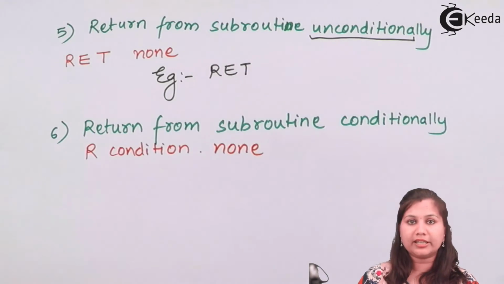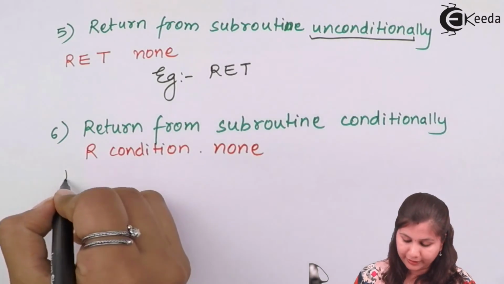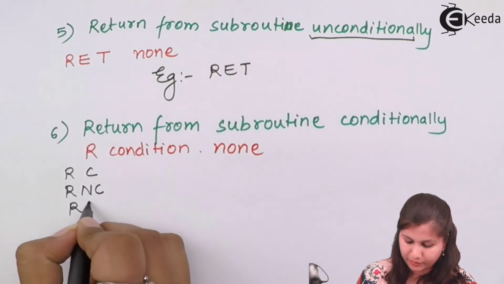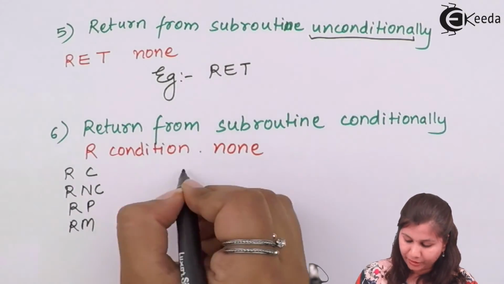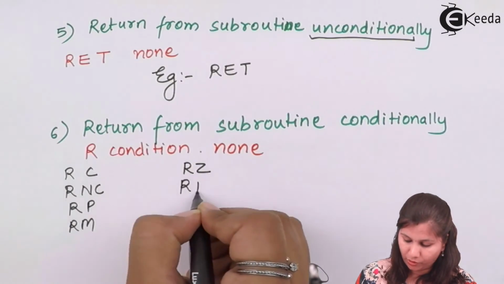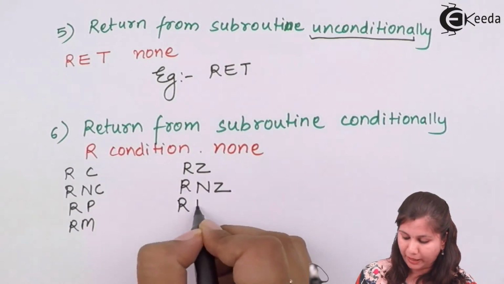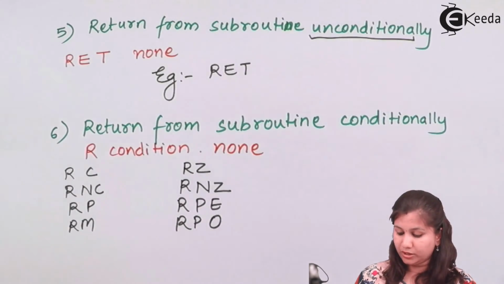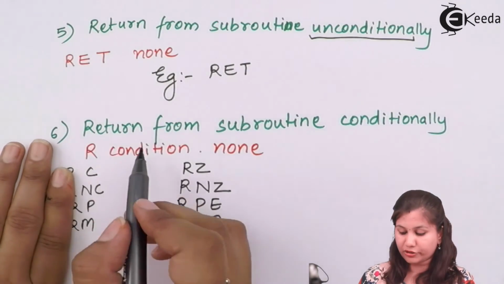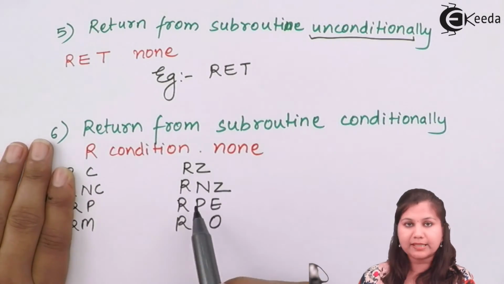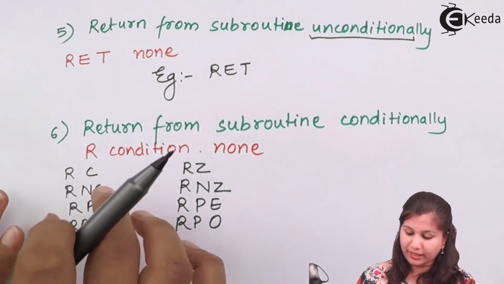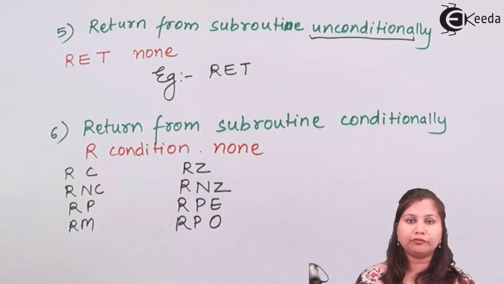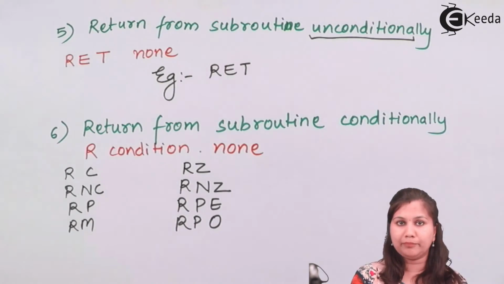So again for the condition, the flags are used, like return on carry, return on no carry, return on positive, return on minus, return on zero, return on non-zero, return on parity even, and return on parity odd. So here R is for the return instruction and then the conditions are specified. When those conditions are satisfied, then the microprocessor will return from the subroutine to the main program.